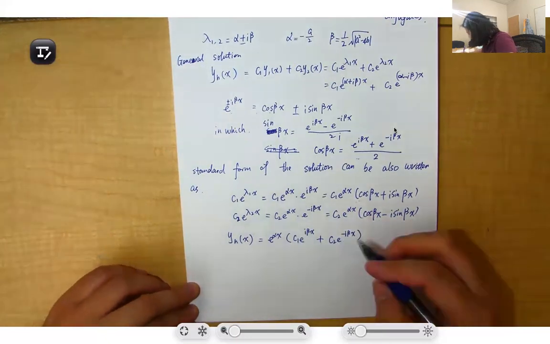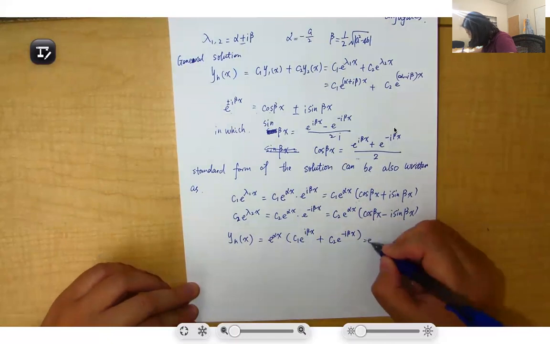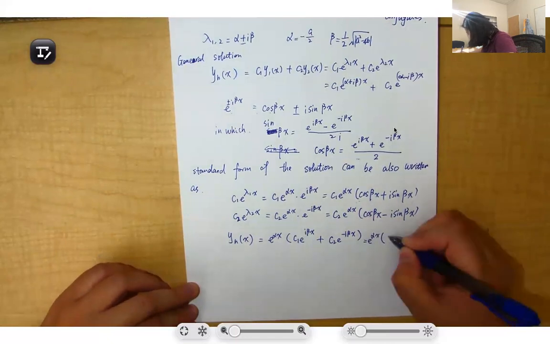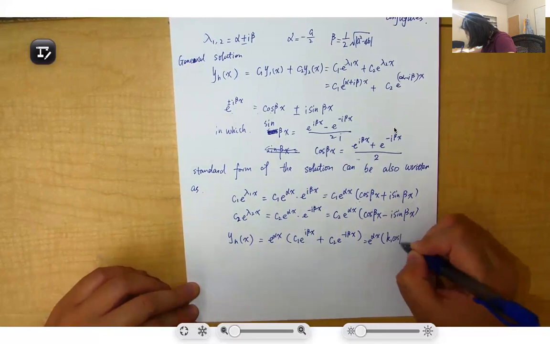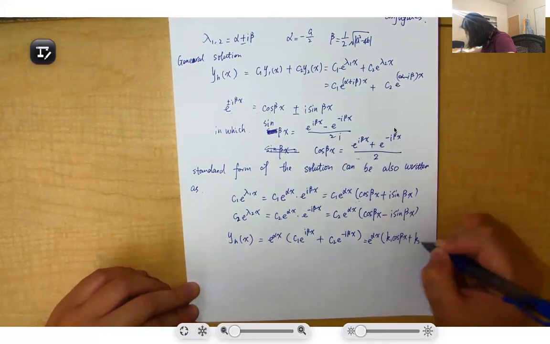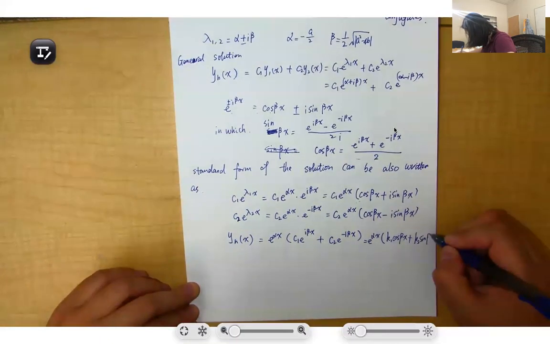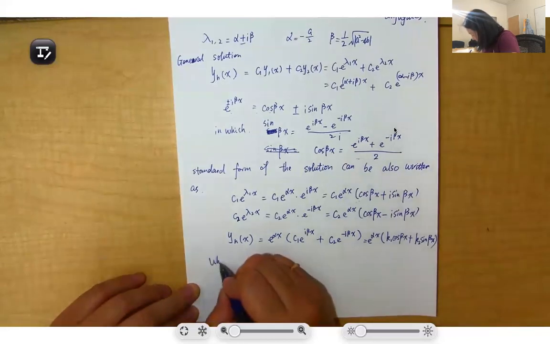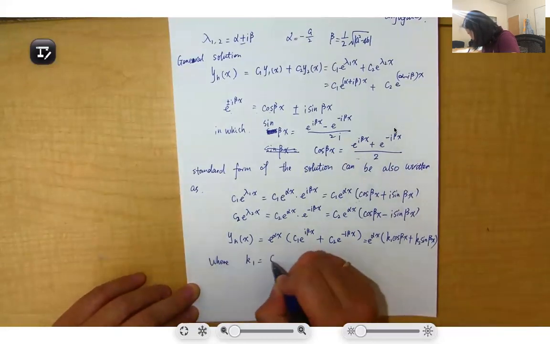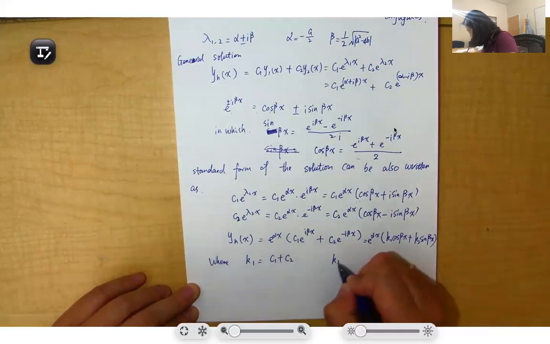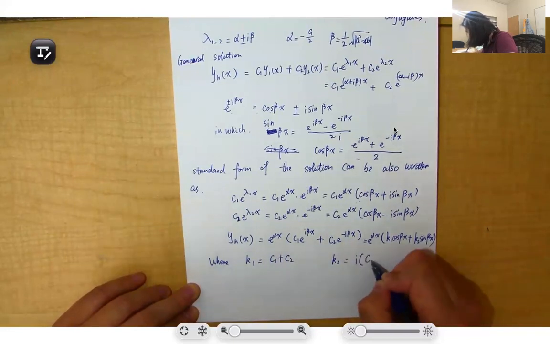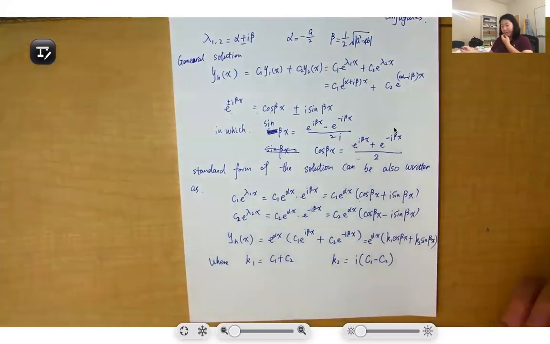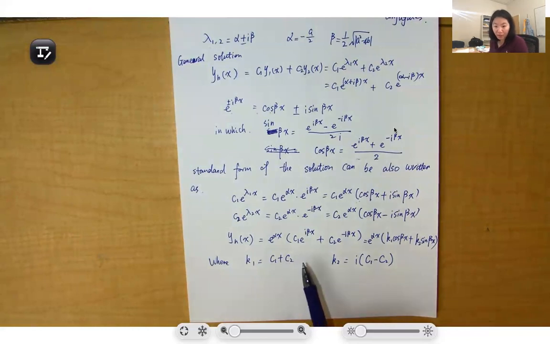We can write this in cosine-sine form, which is e to the alpha x times K1 cosine beta x plus K2 sine beta x, where K1 equals C1 plus C2, and K2 equals i times C1 minus C2. So your general solution is written in a cosine-sine form instead of the exponential form, okay?